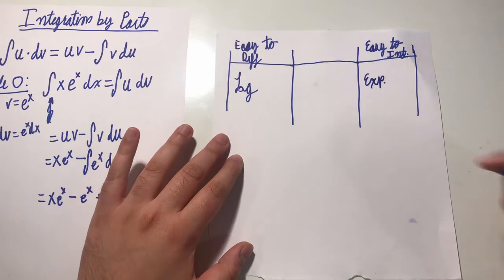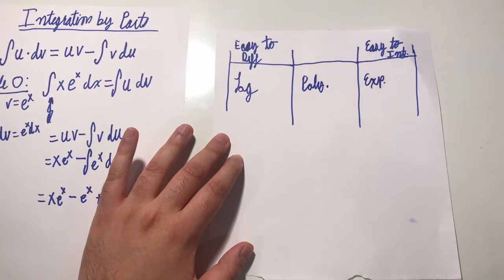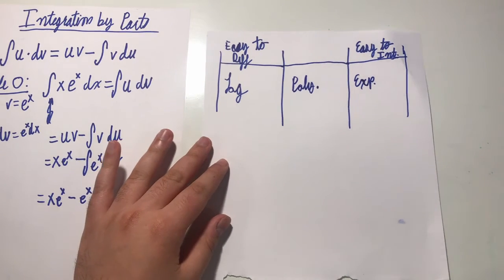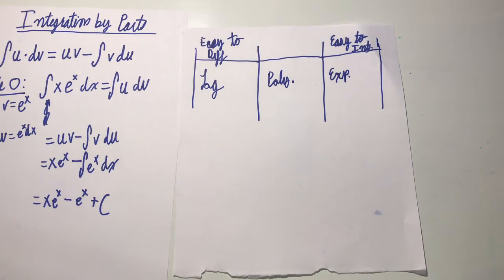And then there's stuff in the middle, like polynomials. Right? Now, when you have polynomials, you could integrate them, you could differentiate them. You know how to do both. So how do you determine which one you do? Well, that depends on what else you're given. If you have a logarithm and a polynomial, the polynomial should be the thing you integrate, the logarithm's the thing you'll differentiate.